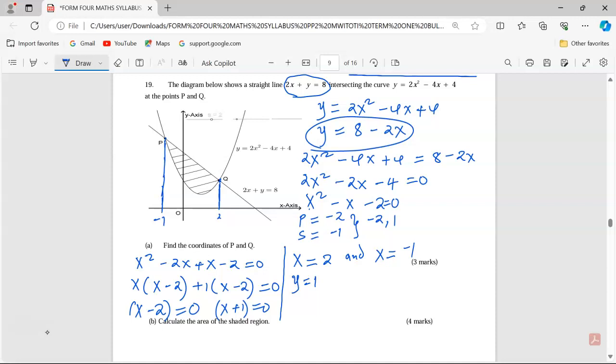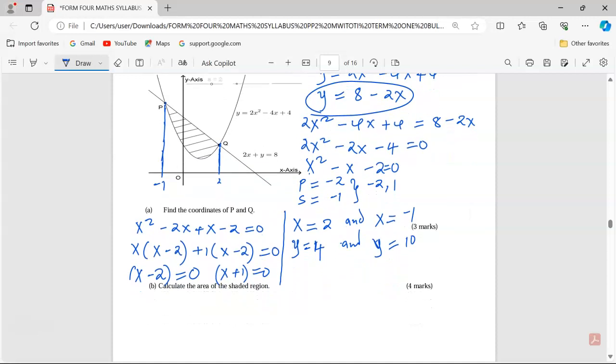Using x equals 2, let me follow keenly: we have 8 minus 2 multiplied by 2, that is 8 minus 4, so I'm getting 4. Then at x equals negative 1, the value of y becomes 8 minus 2 times negative 1, which becomes positive, so 8 plus 2, making it 10.